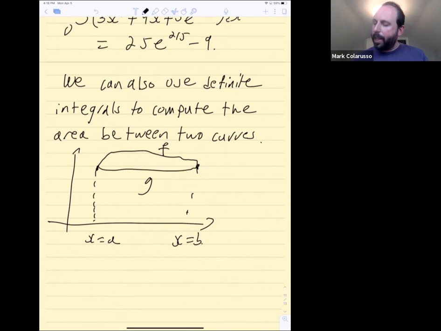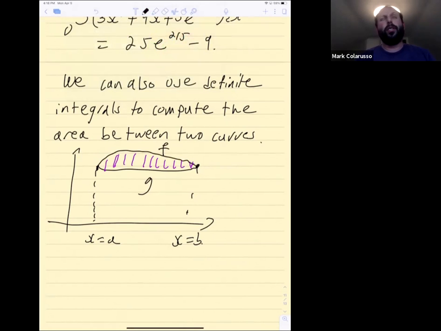The curves meet at a and b. I'll shade the region between the curves. Not a great picture, I admit. Let me fix this. So that's the situation, and we want to find this area in purple.